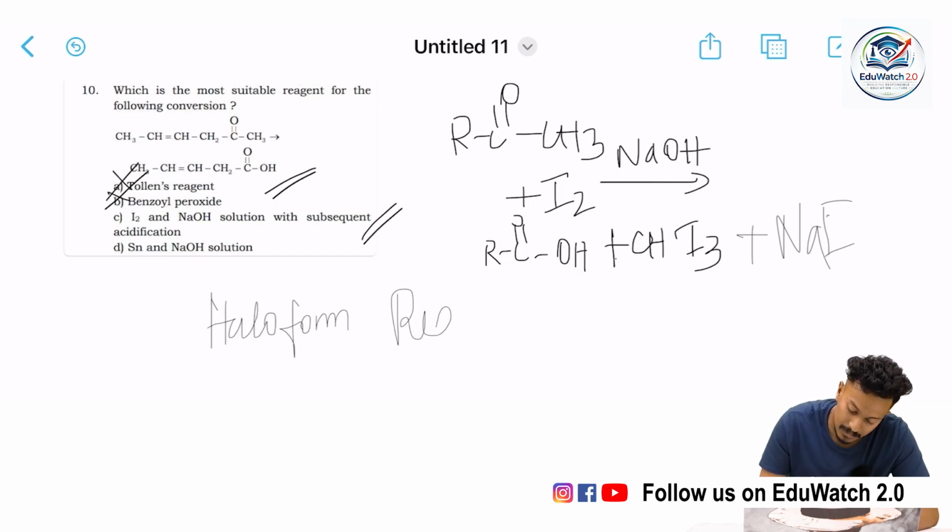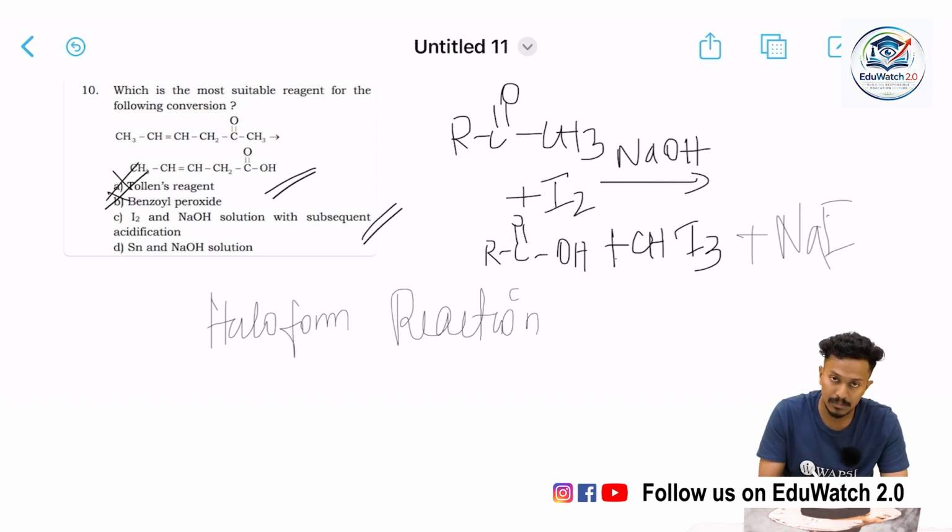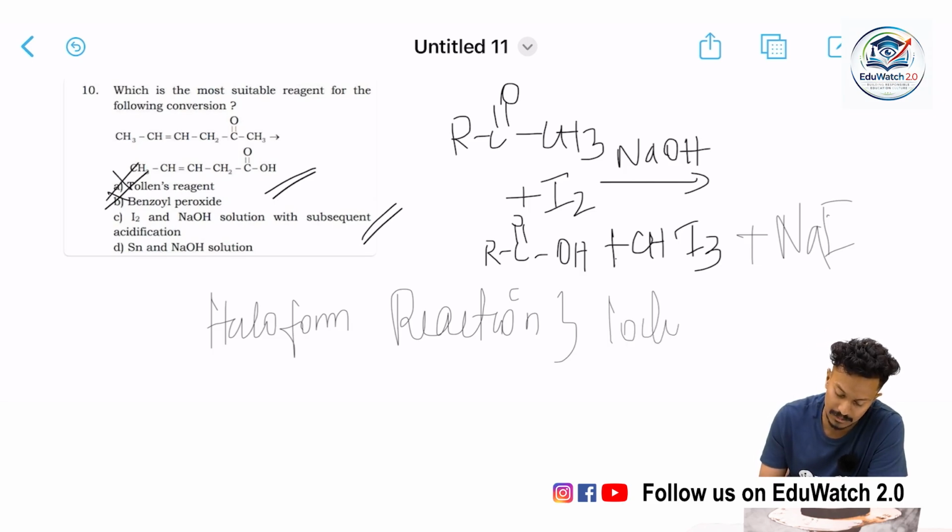This is the second time I have seen this question in the past 5 years, so this might be the main subject. This is the haloform reaction in which we have used iodine, so it is an iodoform reaction.